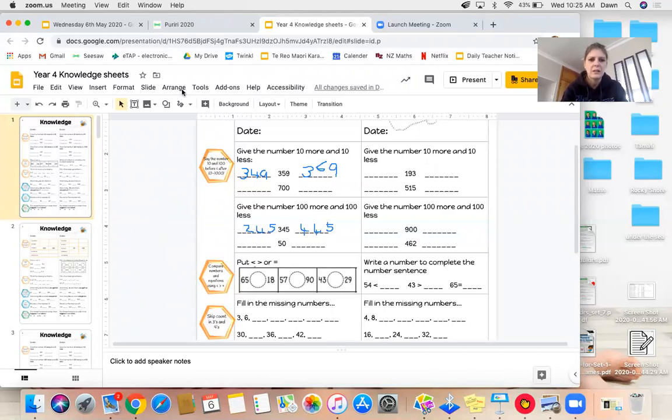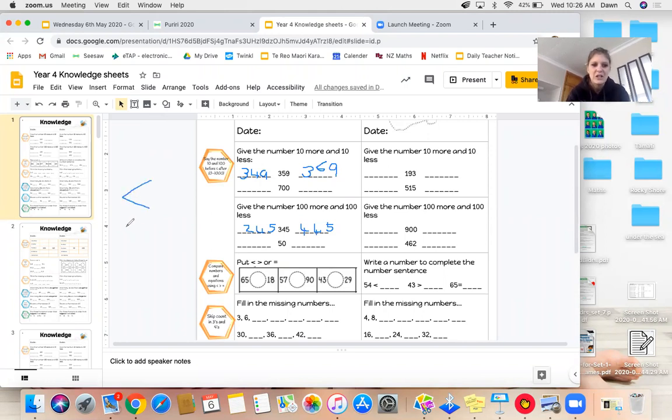Right, so the next thing that I want to show you is, this is quite my favorite one, and it says put this or that in the circle. Now, I like to represent them as crocodile mouths.